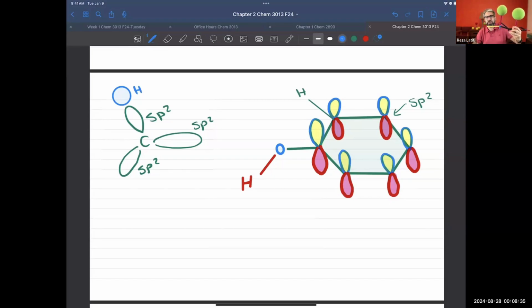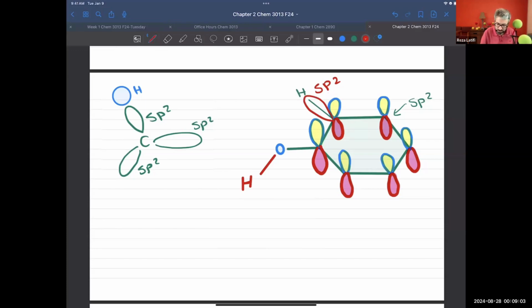If I take the hydrogen, I will have electrons inside the sp2 orbital. They have nothing to do with the pi bond. Remember, the pi bonds you get after forming the hybridization. In fact, whenever we want to find the hybridization, we don't count the pi bonds.